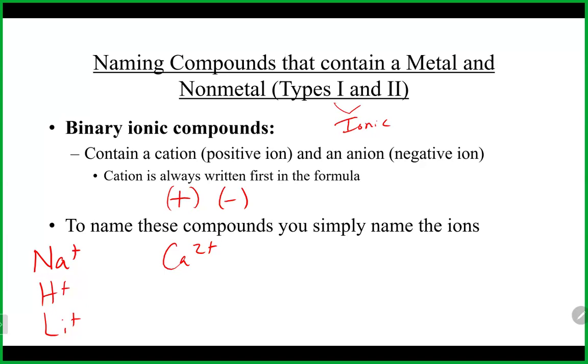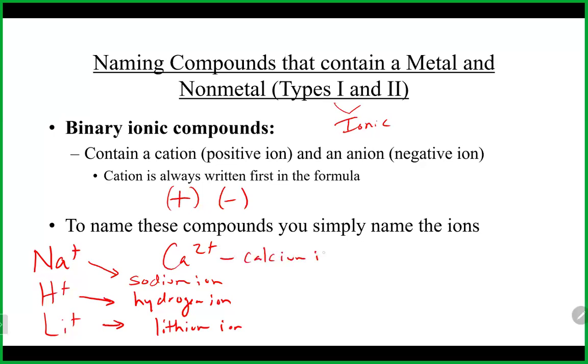So there, we need to write the charges on each of these things. And we would just use the whole name of the positive guy. So this guy here would be our sodium ion. This guy here would be our hydrogen ion. This guy here would be our lithium ion. And this guy here would be our calcium ion.